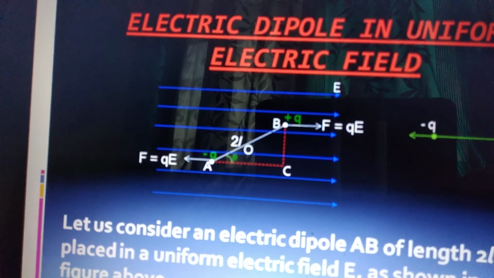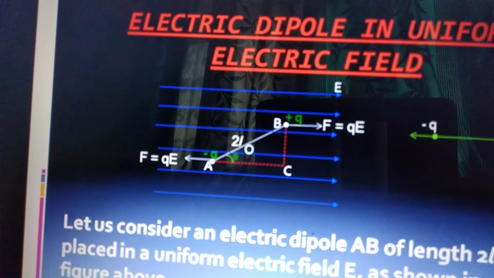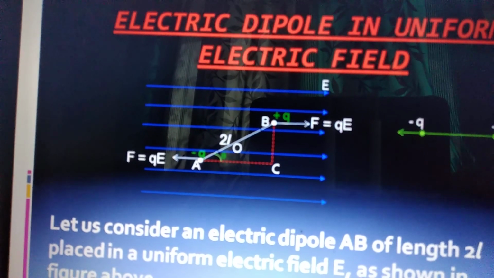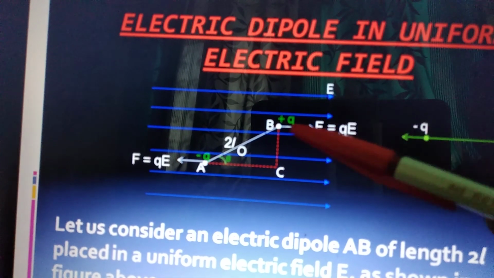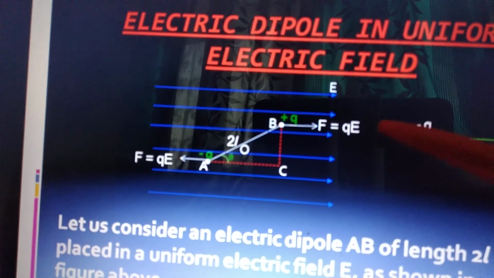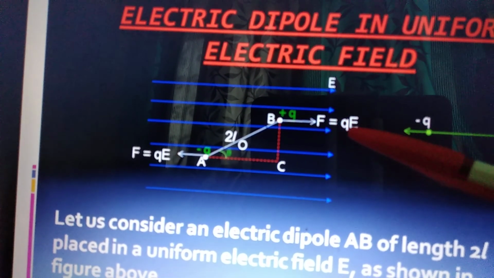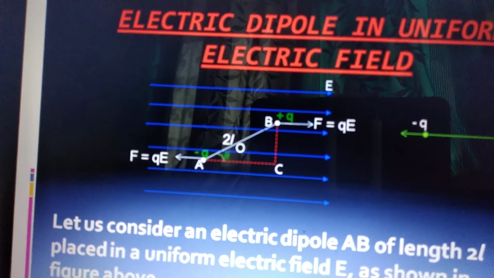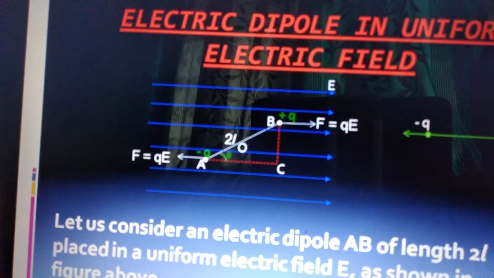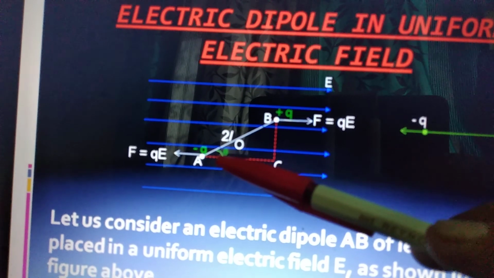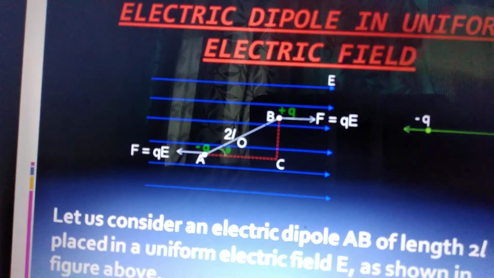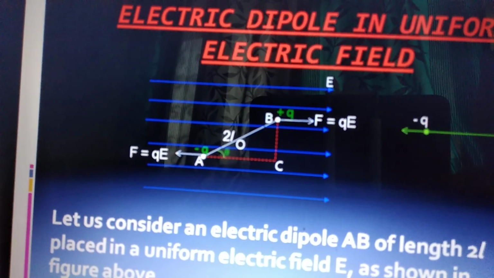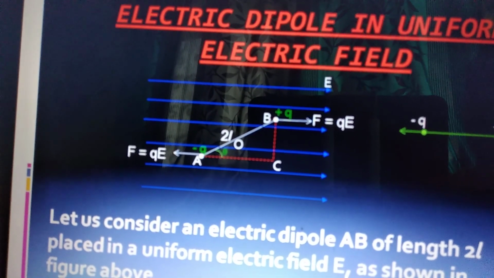Now we know that a charge when placed in an electric field experiences a force Q into E. So the positive charge in this case will experience a force F equal to Q into E in the direction of the external field, and the negative charge minus Q will experience an equal amount of force in a direction opposite to the external field.